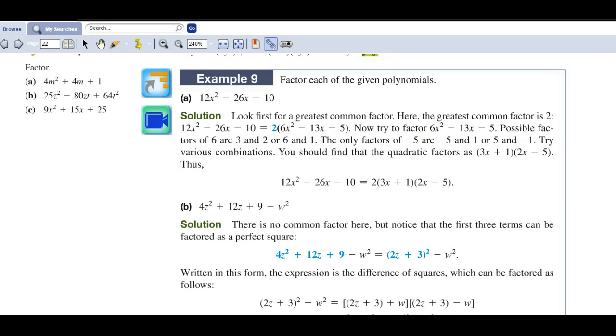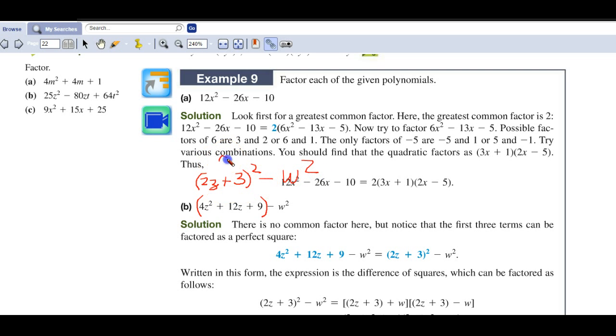Now they're giving us lots of variety of kinds of things to factor. In letter B, there's 4 terms. But I don't know if you see, if I put a parenthesis around this, this is a perfect square trinomial that will factor into a binomial squared, which is going to be 2z plus 3. So again, if I multiply that the special way it gives me that, minus w squared.